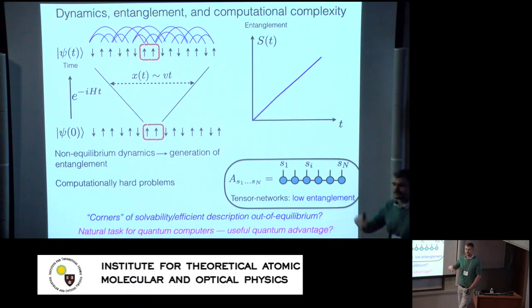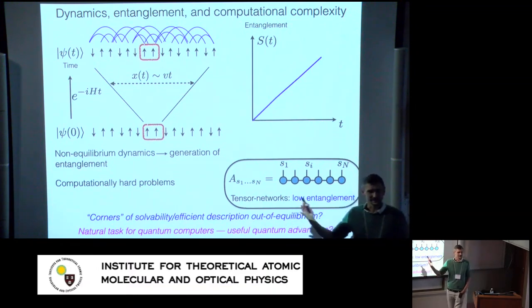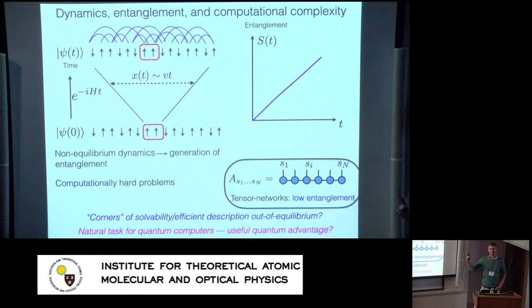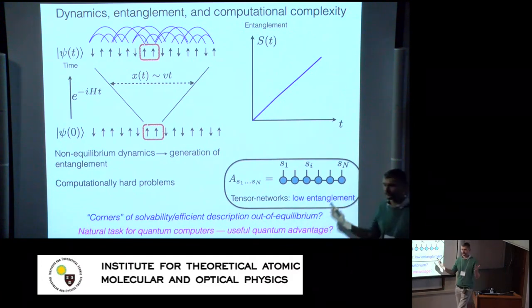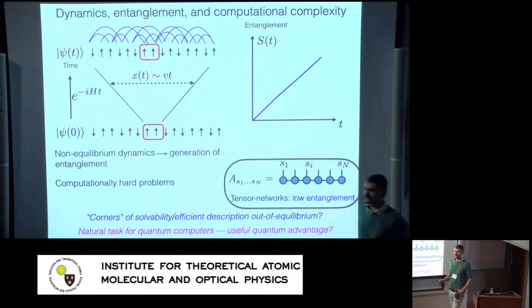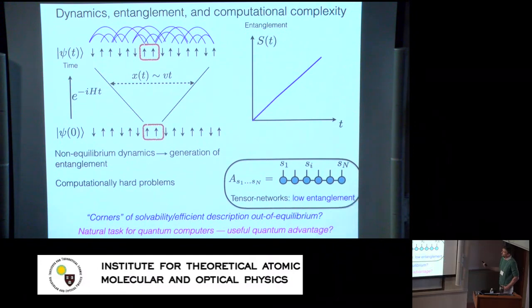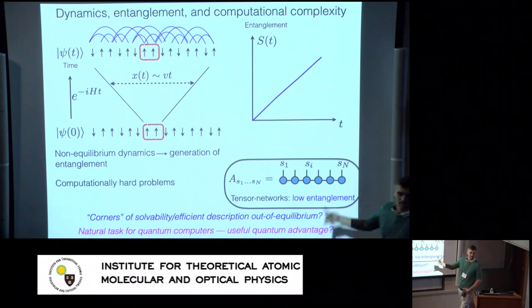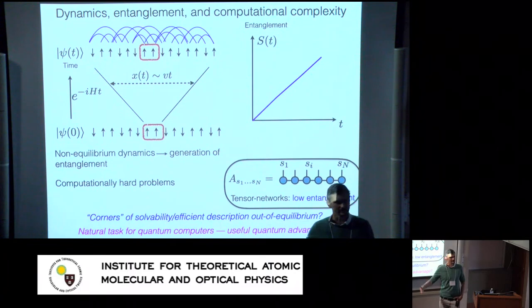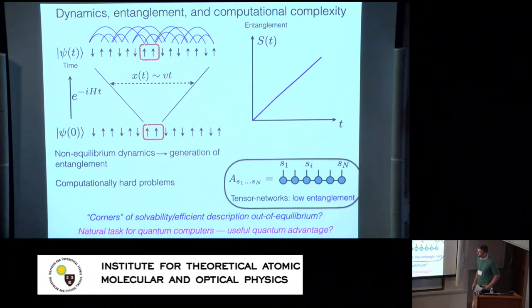And it turns out that exactly takes you to the major part of the Hilbert space where we don't have good classical methods to approximate such states. The methods that we have, notably based on tensor networks, work when entanglement is relatively low. They're actually based on that, and then we can get efficient classical approximation using these tensor network diagrams.